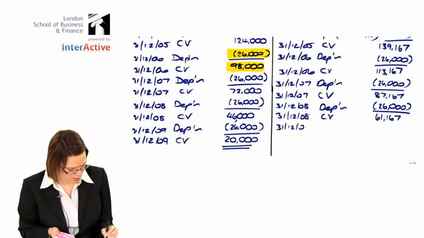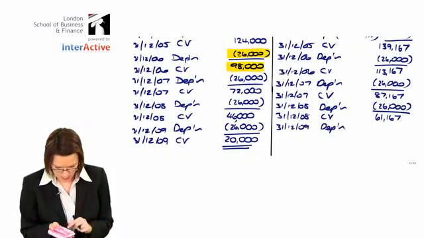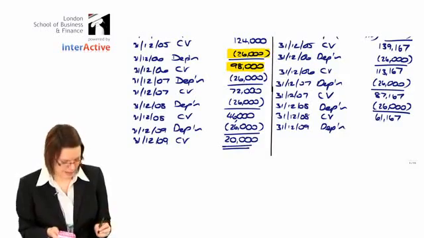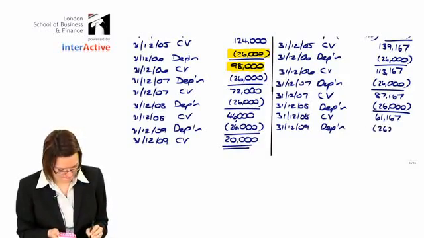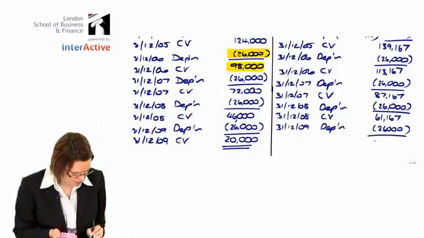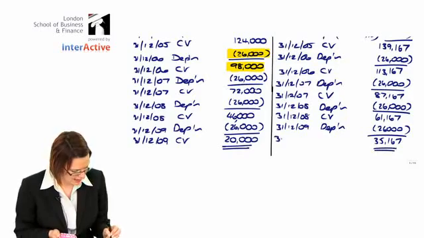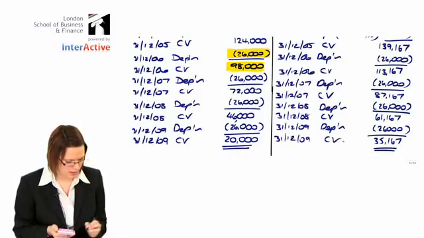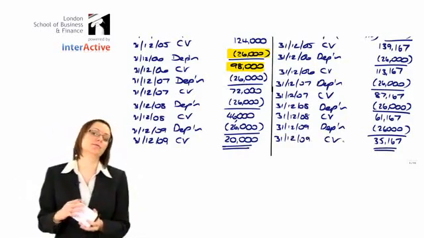One more now. 31st of December 09, our depreciation minus 26,000 is going to give us 35,167 as our carrying value at the 31st of December 09.